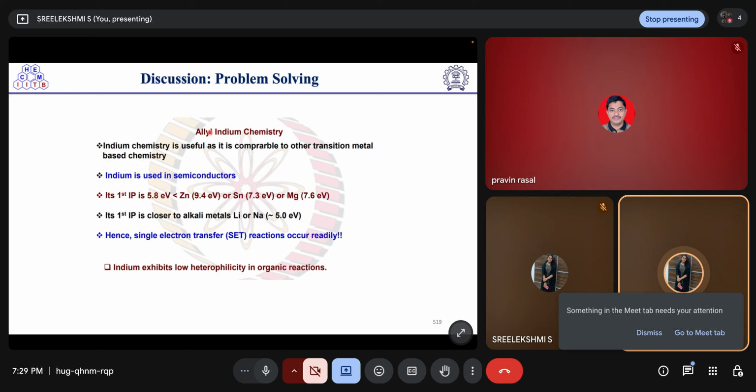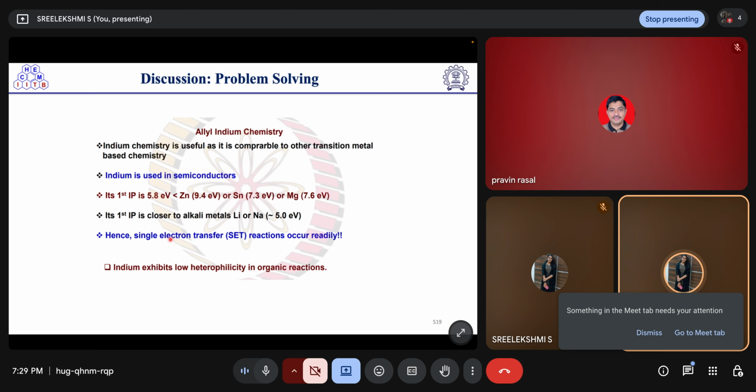Now the next topic is allyl indium chemistry. Indium chemistry is useful as it is comparable to other transition metal based chemistry. We know indium is also used in semiconductors, and like samarium, it is also useful in single electron transfer reactions.